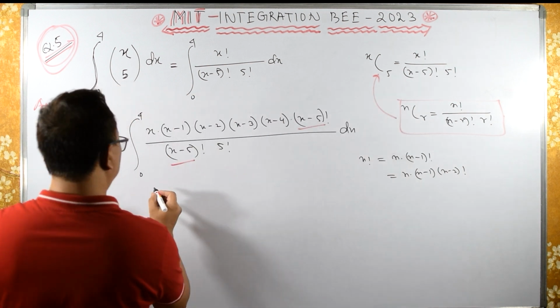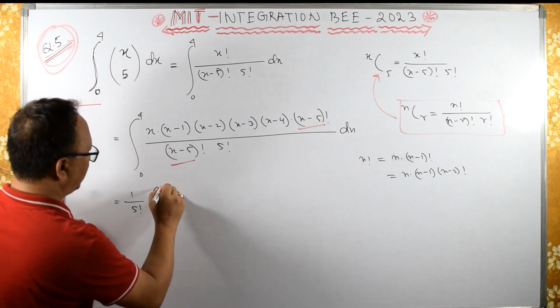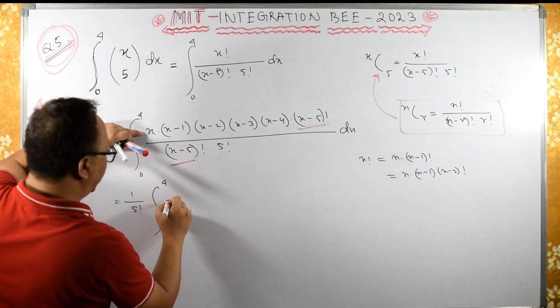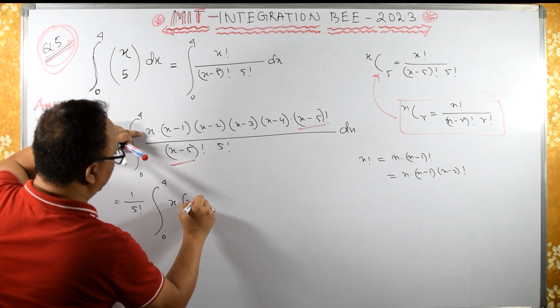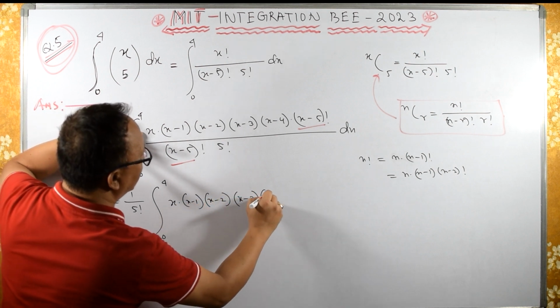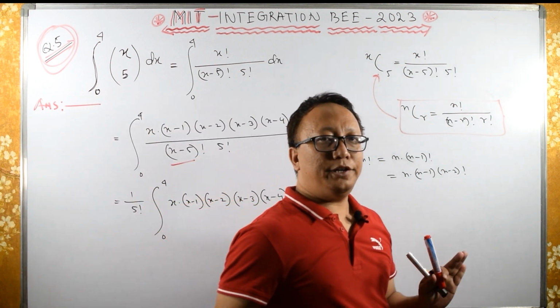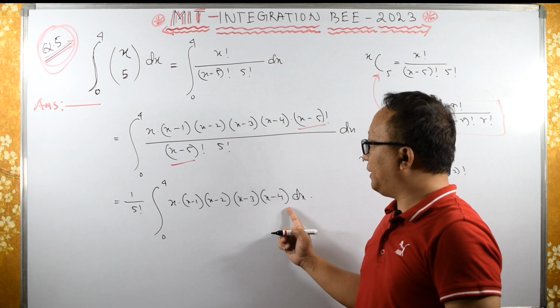Therefore, this is 1 by 5 factorial, integral 0 to 4. So I can write it like this: x into x minus 1, x minus 2, x minus 3, x minus 4 dx. Now here you can integrate after multiplying all these.